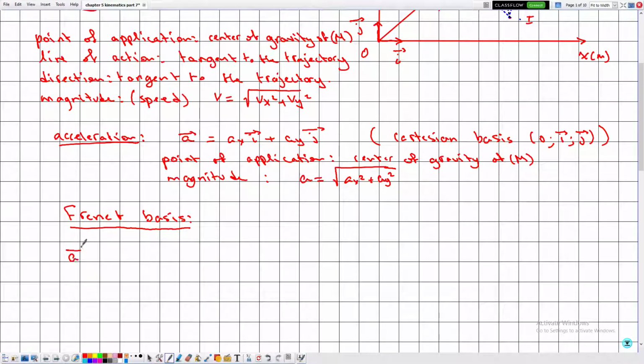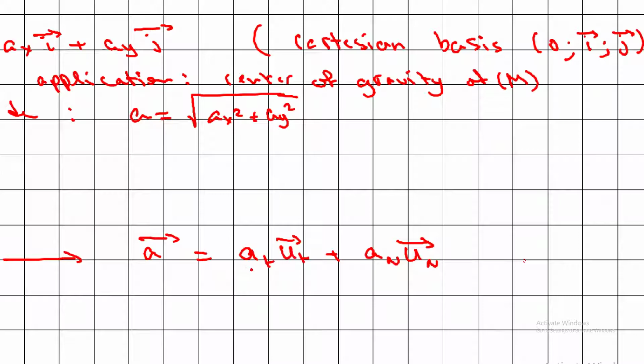Instead of writing the acceleration as a is equal to ax i plus ay j, we will go to another basis in which the acceleration is represented as at ut plus an un. At represents the tangential acceleration, an represents the normal acceleration, ut represents the tangential unit vector, and un represents the normal unit vector.